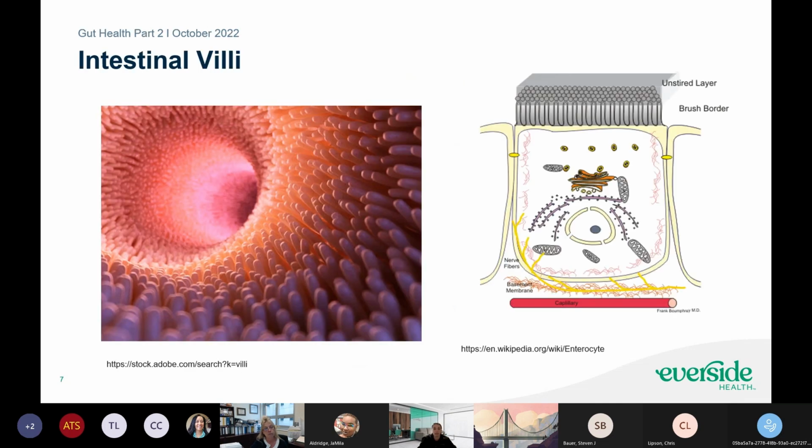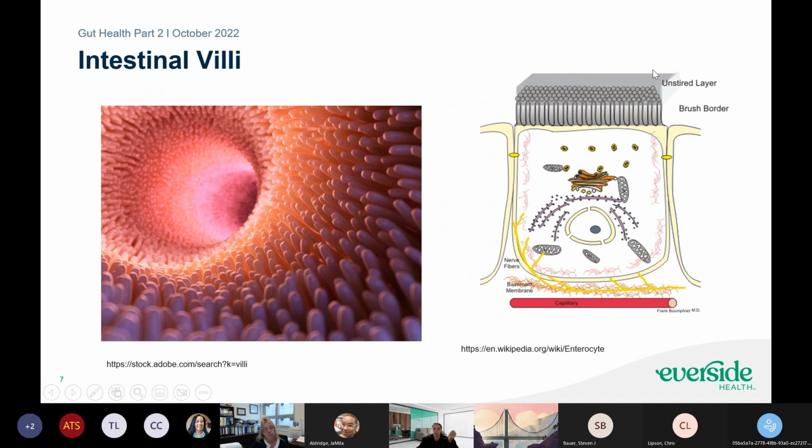Again, this is what the intestinal lining looks like. We talked about this, and we'll talk about it a little bit more later. We have these tiny little finger-like projections, and nutrient absorption happens along them. It really helps as far as protecting, too.